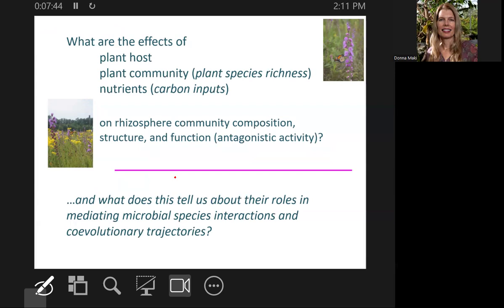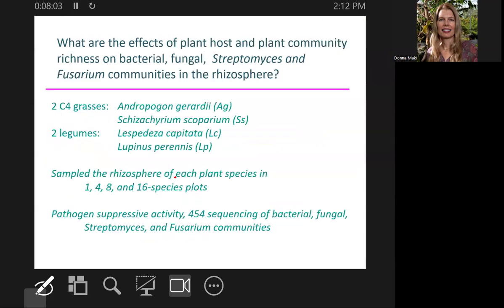And so she was looking at what is the plant species, how many of the same, so looking at diversity, and a little bit of nutrients as well. What impact does that have? So what she did in this study, they had two C4 grasses. C4 refers to how they do the C4 cycle during photosynthesis.